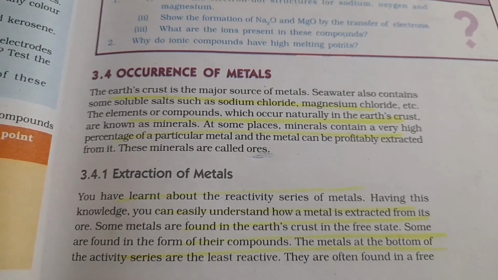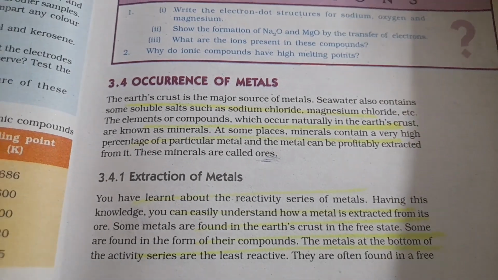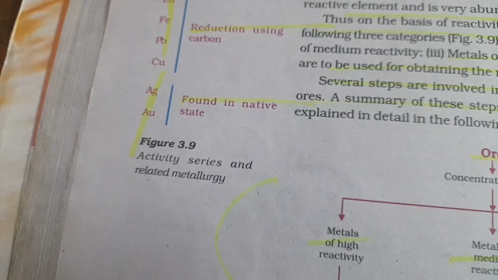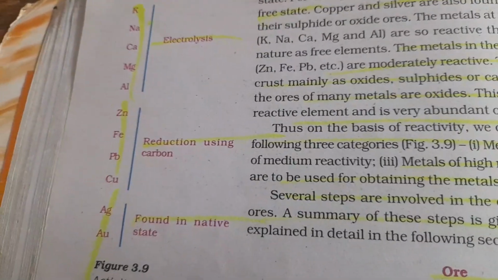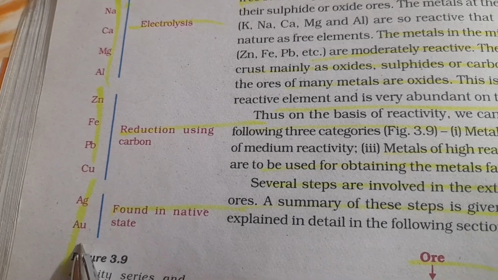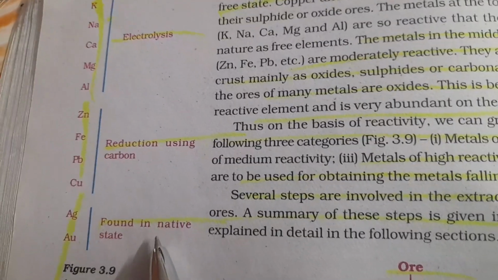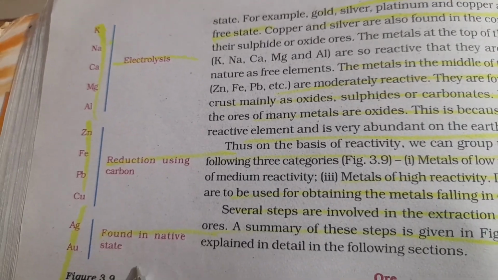As you all know, the metals at the bottom of the reactivity series are least reactive, and these metals are found free in nature. See this chart: gold and silver come at the bottom of the reactivity series, and they are found in nature in the free state.